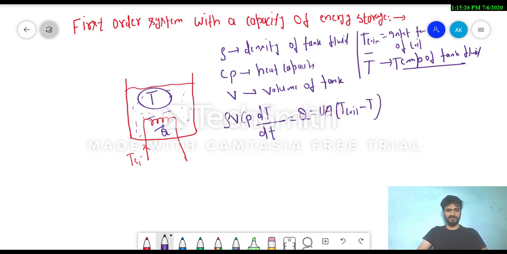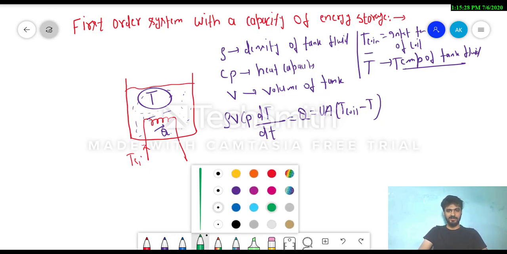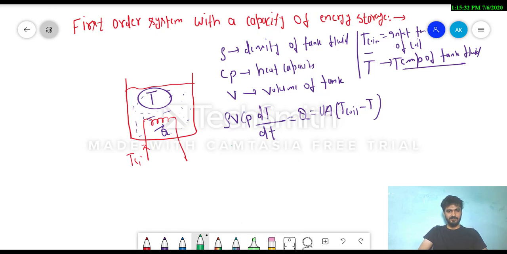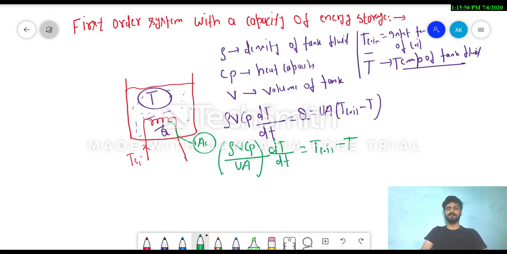Now understand how we will derive this. If you divide these terms by UA, you get rho V Cp upon UA, where A is the heat transfer area of the coil. In the derivation you get dT/dt equals T coil, which is our input, minus T, which is our desired output.